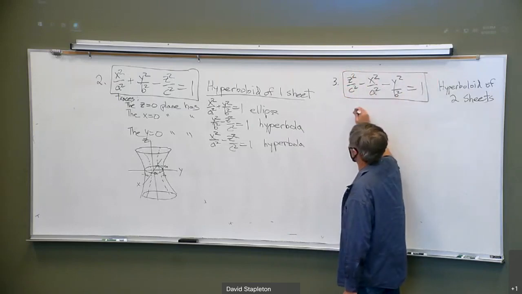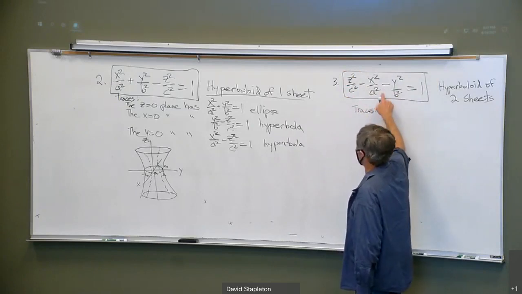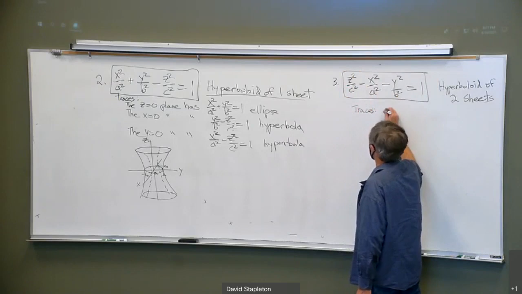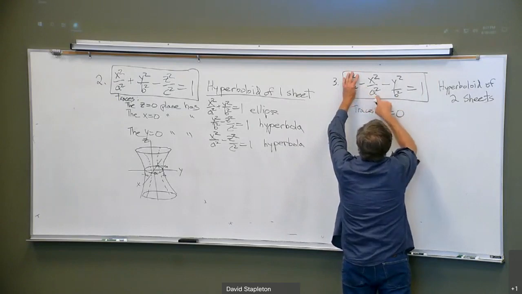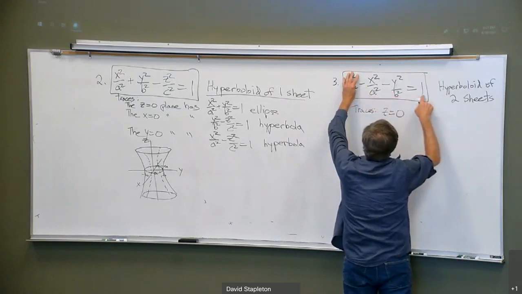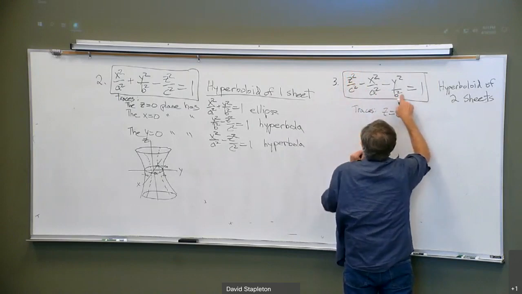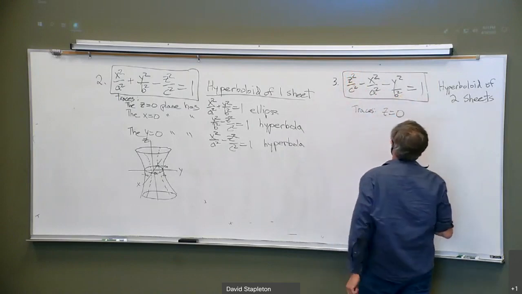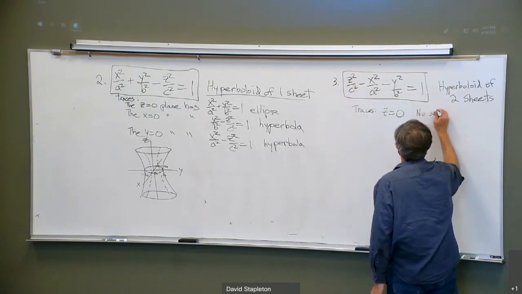If you do traces and intersections of this figure with the z equals 0 plane, oh, I got nothing. I got negative equals positive. Impossible, right? I can't make two non-positive numbers sum to a positive, so there's no solution.